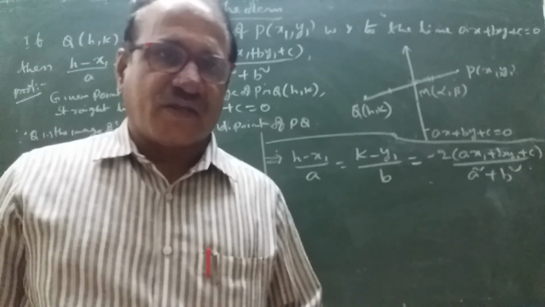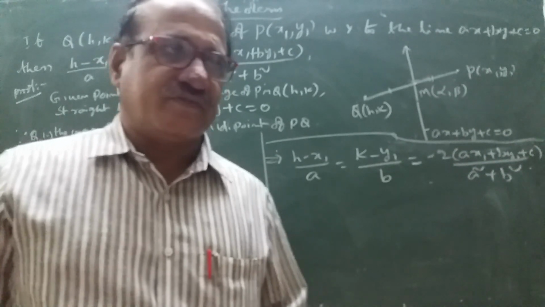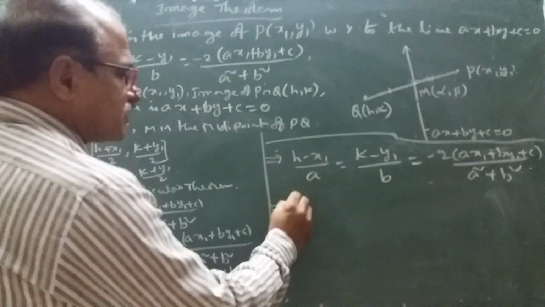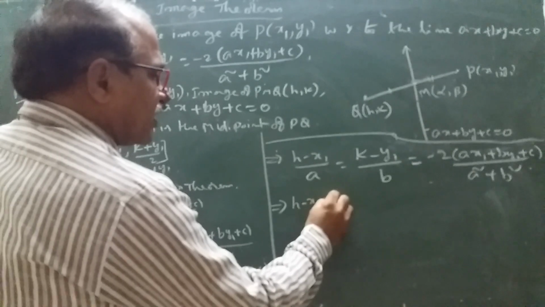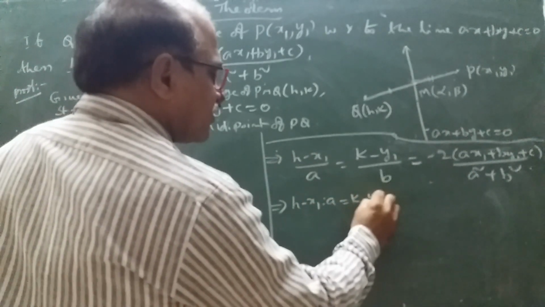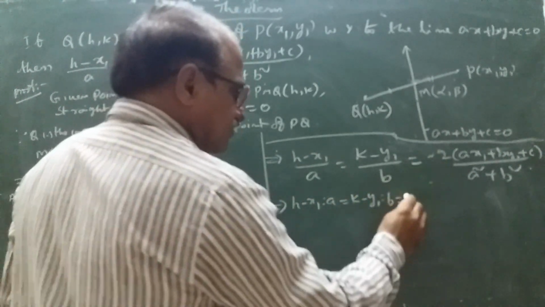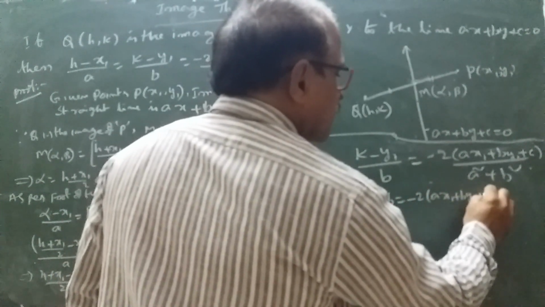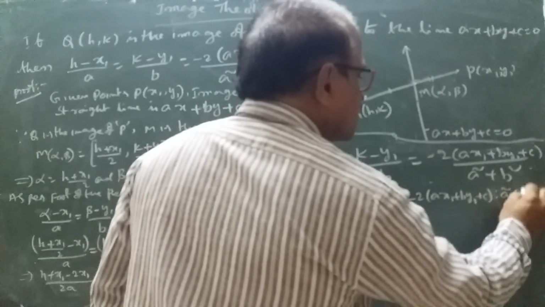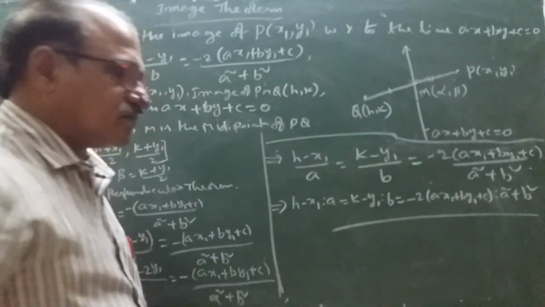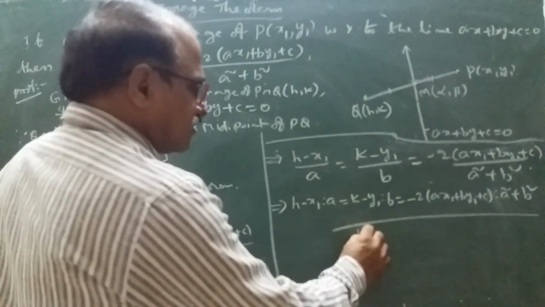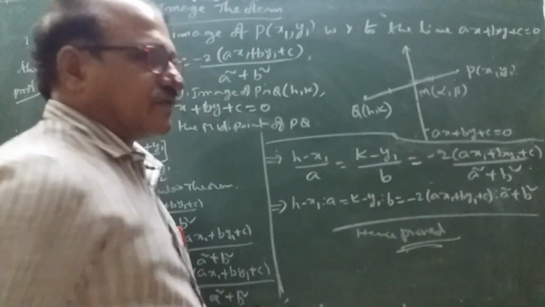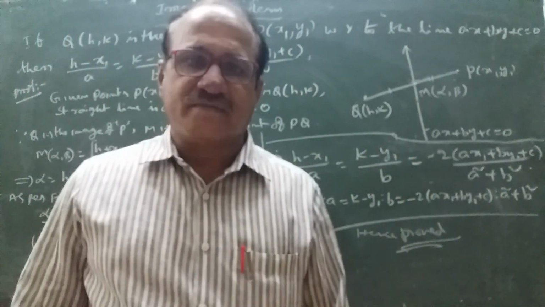In the coming exam, you have to write the correct proof for each theorem, or this may be written as h minus x1 by a is equal to k minus y1 by b is equal to minus 2 into ax1 plus by1 plus c by a square plus b square. In this way also you can write; this is the theorem, hence proved. A very important theorem in the 4 marks section.